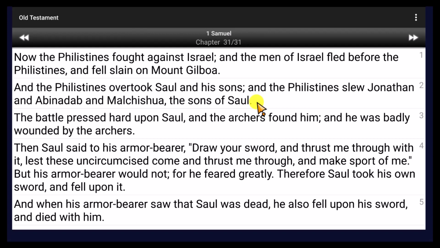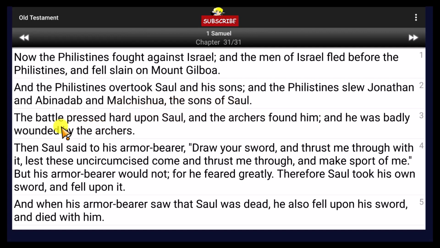And so since his soldiers were running away, the Philistines were able to take hold of Saul, and they killed 3 of his sons on that day. And these 3 sons were Jonathan, Abinadab, and Malchishua. So these 3 sons were killed on that day.